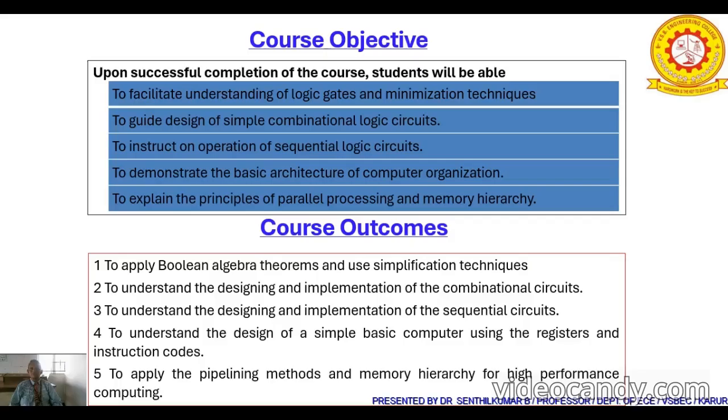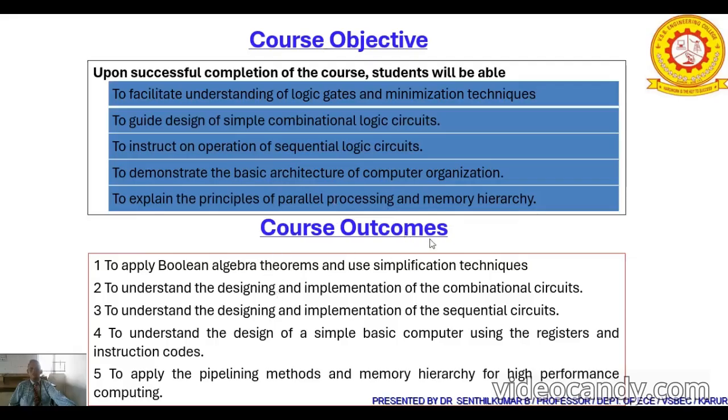Upon the successful completion of this course, the students will be able to facilitate understanding of logic gates and minimization techniques, to guide design of simple combinational logic circuits, to instruct on operation of sequential logic circuits, to demonstrate the basic architecture of computer organization, to explain the principle of parallel processing and memory hierarchy.